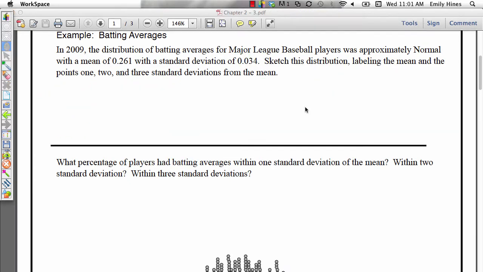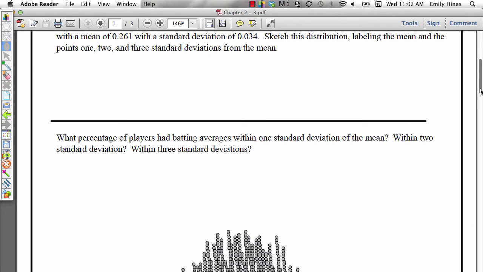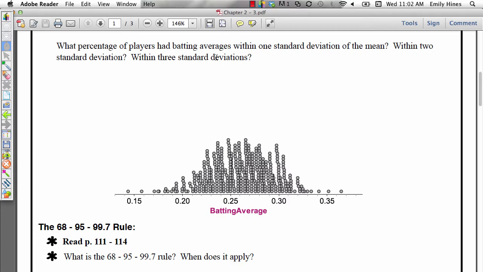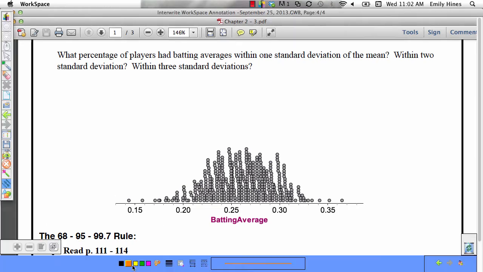Okay, so if I look, I actually have below this the dot plot for these players. And it asks what percentage of players had batting averages within 1 standard deviation of the mean. Well, my mean would be .261, so 0.25. This goes up by 0.01, so this would be 0.26, so 0.261 would be right about in here.